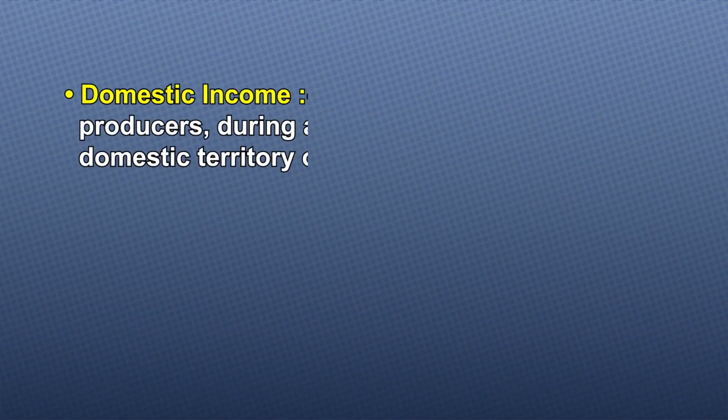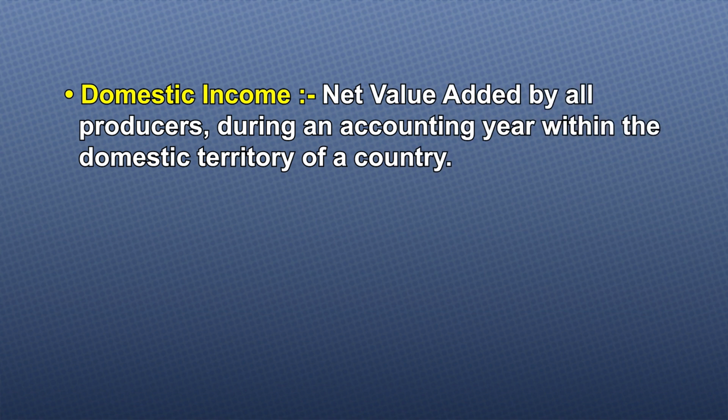Now, let us start with the methods of measurement of national income with the help of the value added or production method. While using this method, domestic income is first calculated by adding the value added by all producers during an accounting year within the domestic territory of a country.